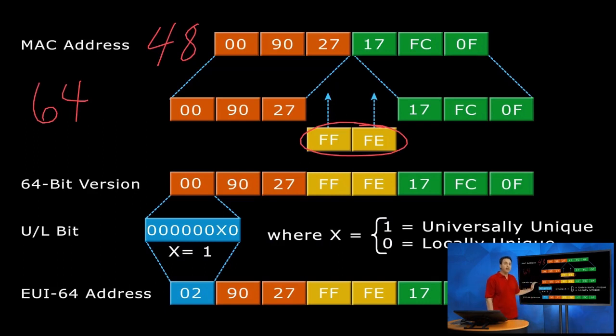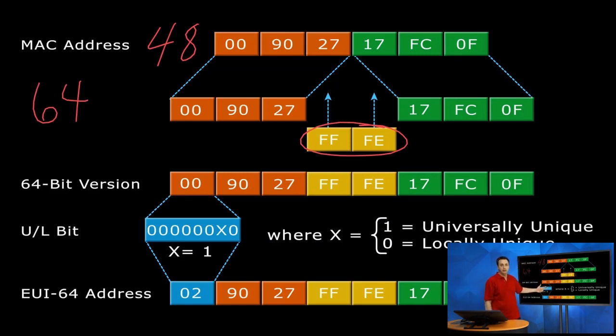Now, in addition to this, there's a little adjustment that's made. And that is on the 7th bit from the left-hand side. So right now, if we count in 7 bits, look at the 00 here on the far left-hand side. If we break that out, we end up with 0000 for the first 0 and 0000 for the second 0. So that's what we have here, all 0s. Now, what we do with the 7th bit is we flip it.